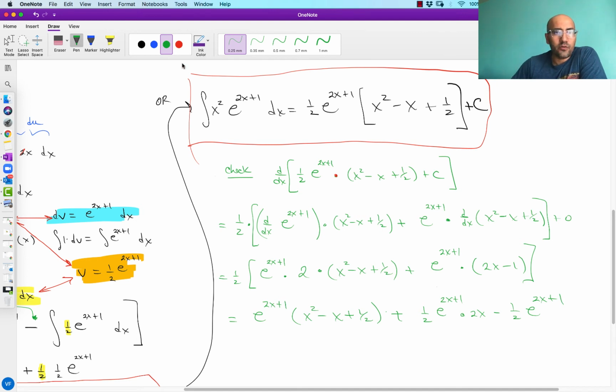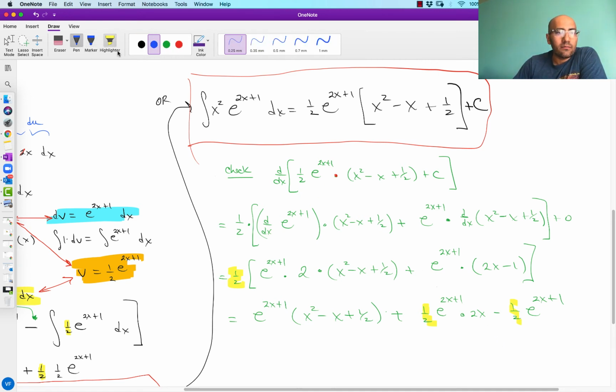Good. So distributing this 1/2, I'll highlight it, this 1/2 gets distributed. So it canceled out with this 2 in this term. And then when I distribute it to this, I end up with a 1/2 there and a 1/2 there as I distribute 1/2 e to the 2x to this term and this term. That's how we get that.